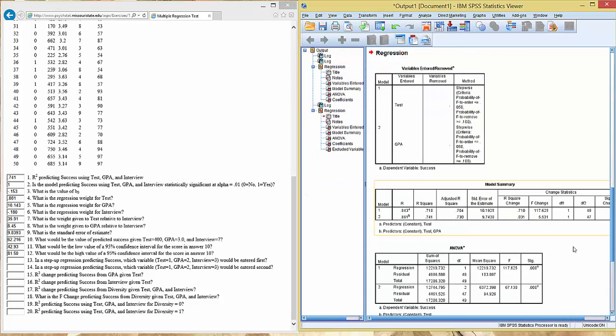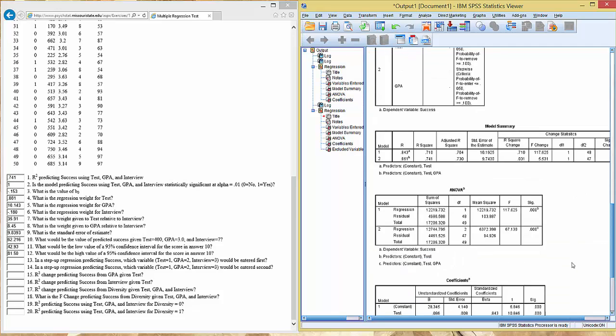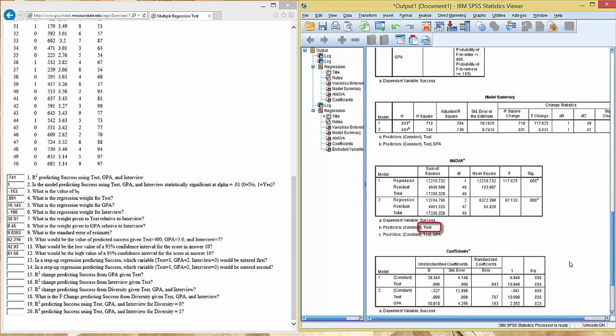Okay. Looks like we're going to enter test first. We'll enter GPA second.